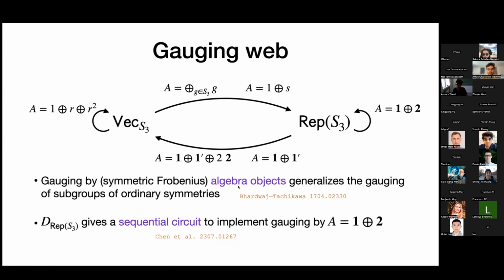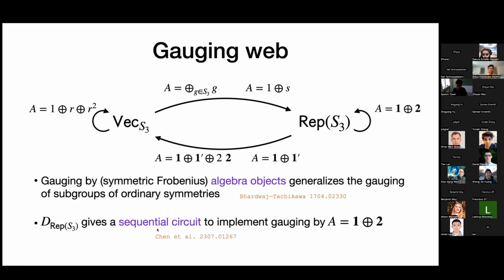I kind of want to argue that in general, I think such a gauging map can always be realized by some sequential circuit, because such a gauging would take you from one gapped phase to another. And the thing that Nat and you guys have argued here is that maps between different gapped phases can generally be implemented by sequential circuits.